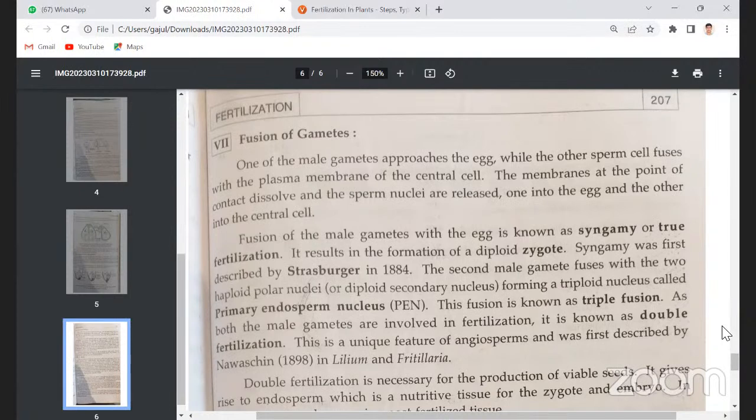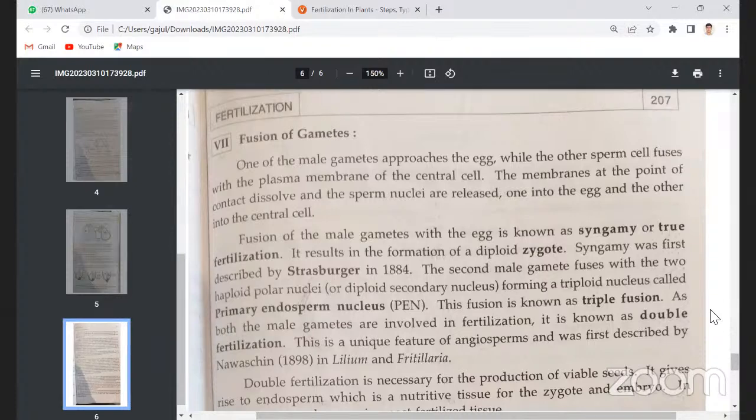This is a unique feature of the angiosperms and was first described by Nawaschin in 1898 in Lilium and Fritillaria plant species.